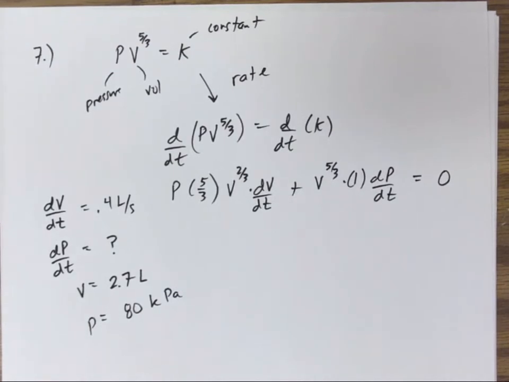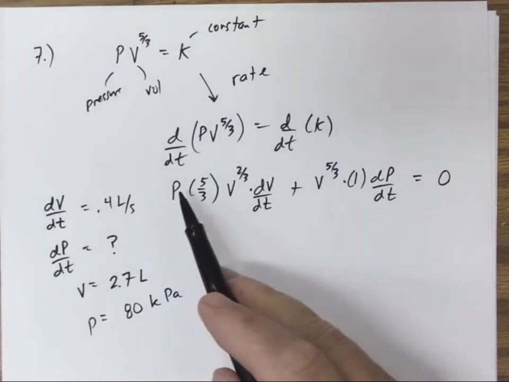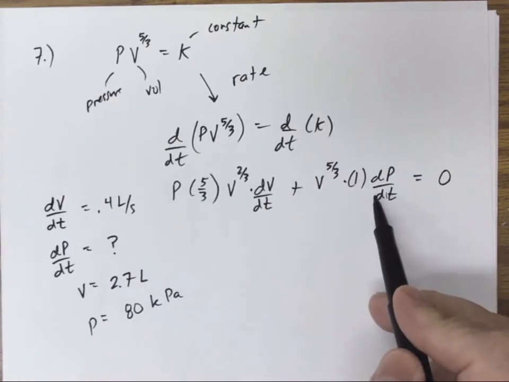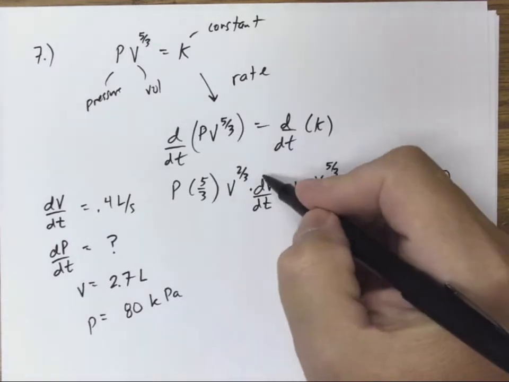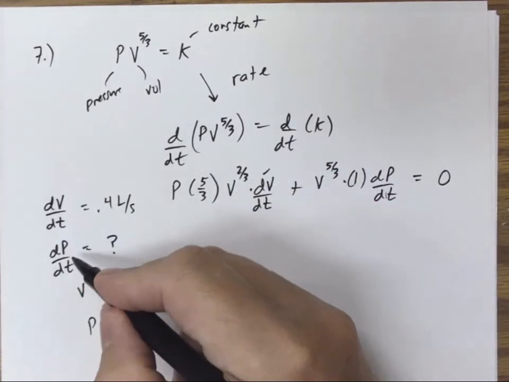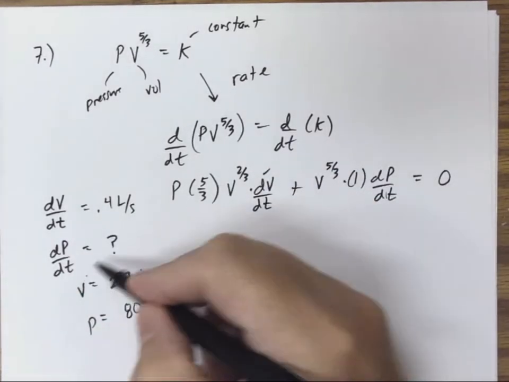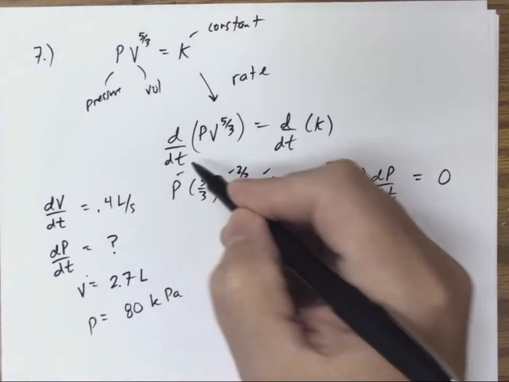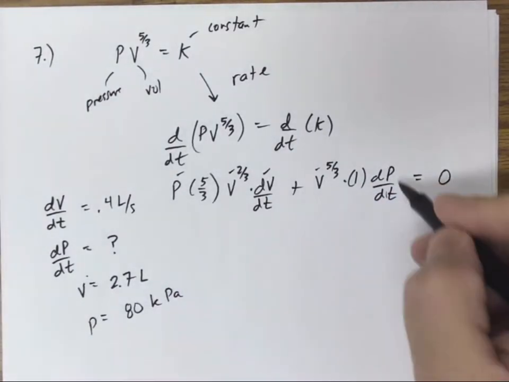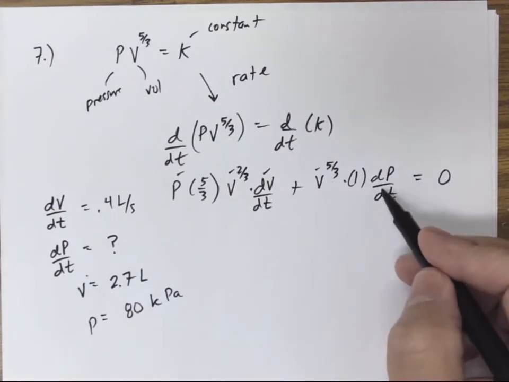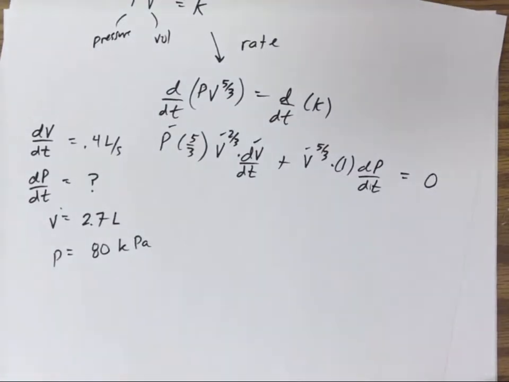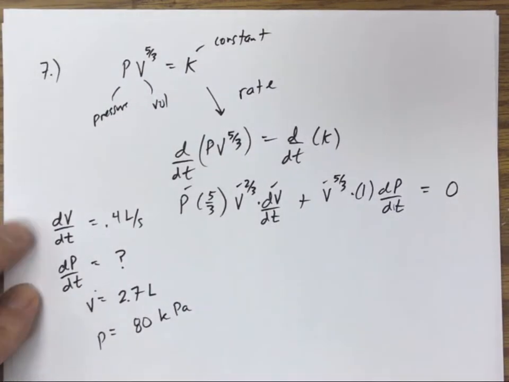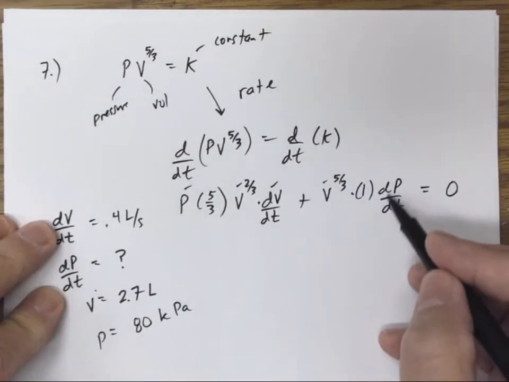So if I look at my equation, I have P and V, dV dt, dP dt. They give us dV dt. I'm looking for dP dt. They give us V, and they give us P. So actually I have everything in this equation except for dP dt, which is what I'm trying to solve for. So let's get dP dt by itself.